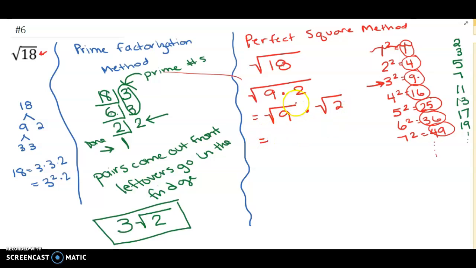Okay? Well, the square root of 9 is 3 because 3 squared is 9. And I'm left with square root of 2. Okay? So we get the same answer doing it a different way. Like I said, I will do it the other way because this is the way I teach it. If you're comfortable doing it this way or you want to learn it this way, that's fine too, as long as you can show me your work.